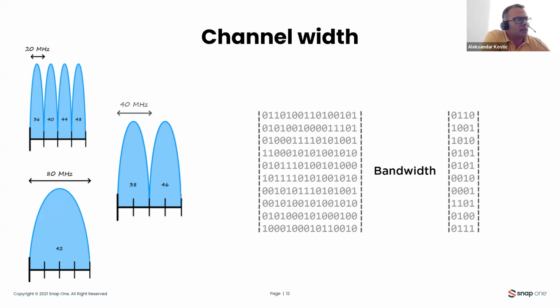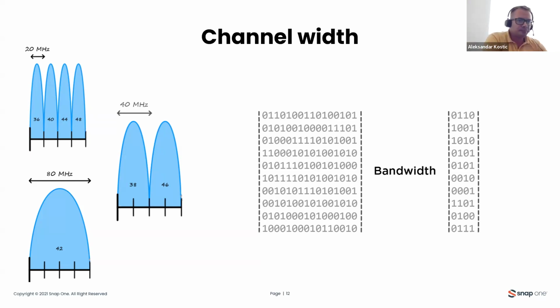Also, with the latest Wi-Fi 6, we have the option for even 160 megahertz channel width. So you can imagine what range of channels it covers, and we are quite limited in which channels are free and not overlapping in that case.